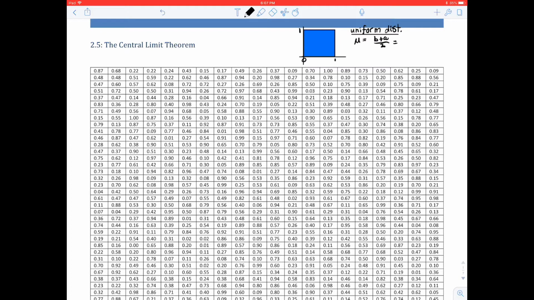So in our case, it would be (1 plus 0) over 2, which is 1/2, and that would be in linear units. And then it has a variance, sigma squared, of 1/12 times (b minus a) squared.